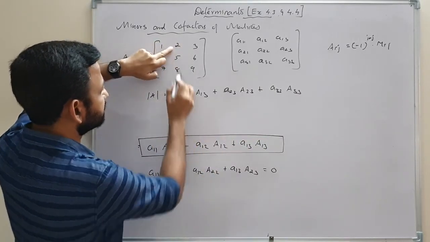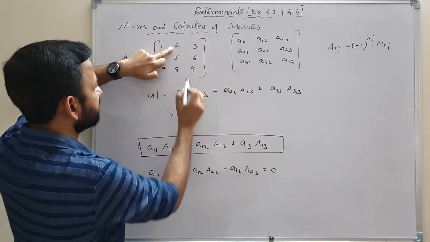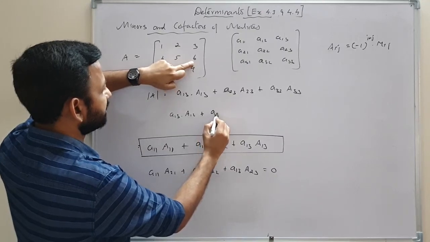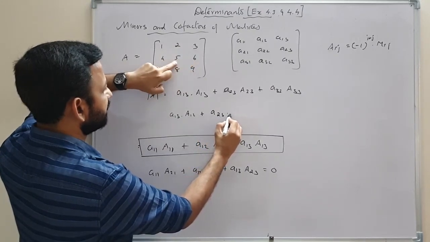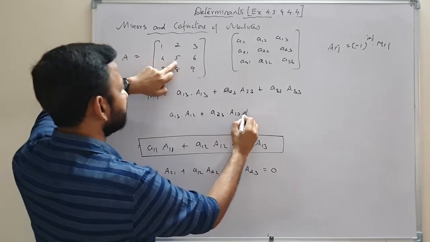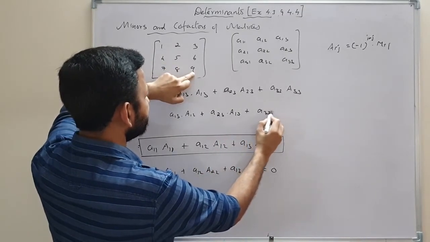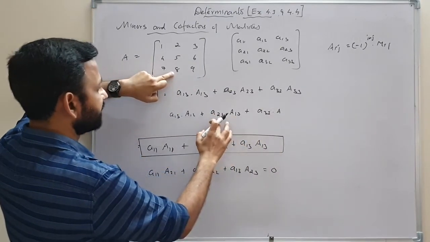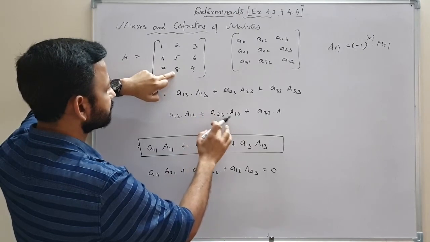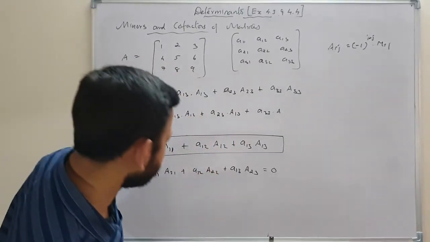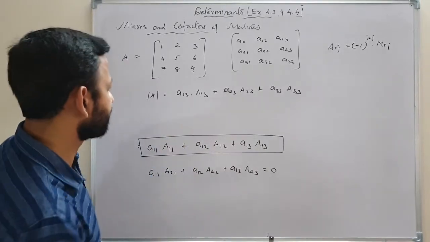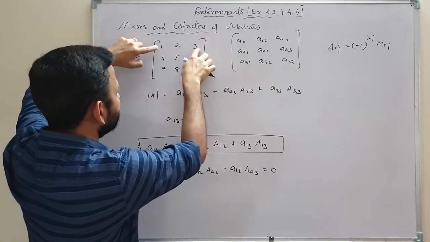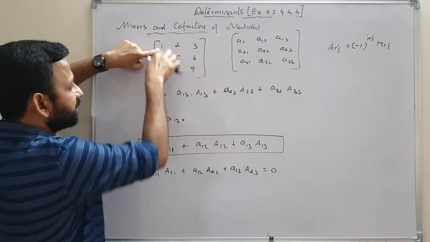Suppose we are going to multiply the third column elements by the cofactors of the first column.